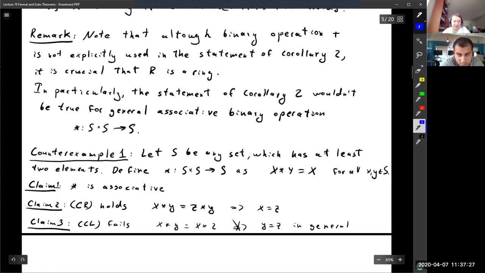Because both of these are X by definition, so what is written here is satisfied automatically for all Y and Z. Okay, so this is an example.